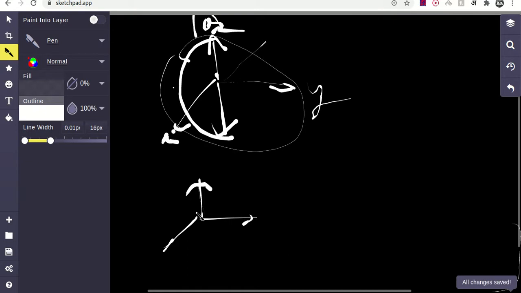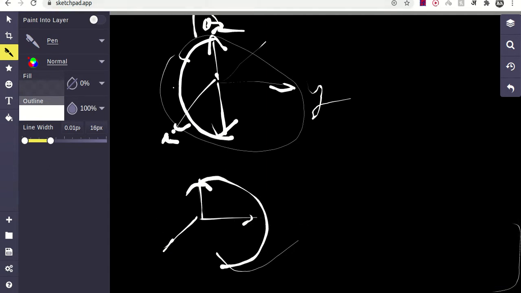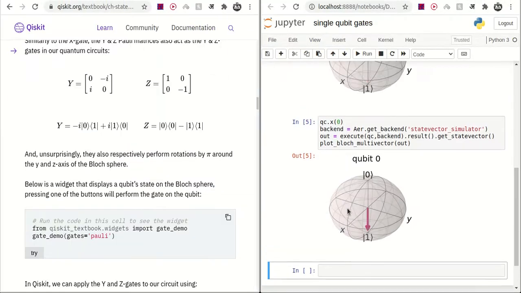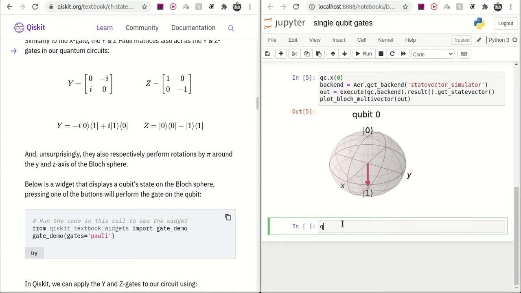If we rotate around the y axis, let's see what happens. This is the y axis, and we are rotating the Bloch sphere. So QC again equal to quantum circuit with 0 1. Okay, so this is our initial output.